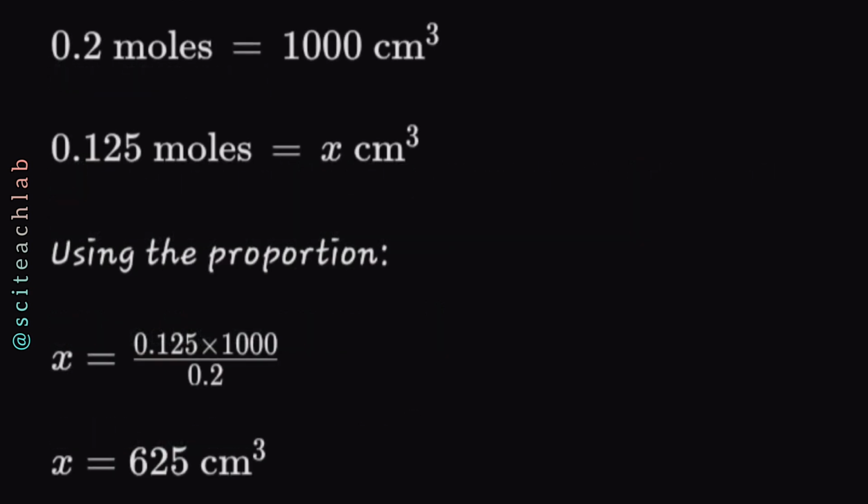So we make x subject of formula, and we see that x will be 0.125 times 1000 all over 0.2. And we find that x equals 625 cm cube. That means that the volume of aqueous sodium hydroxide used was 625 cm cube.